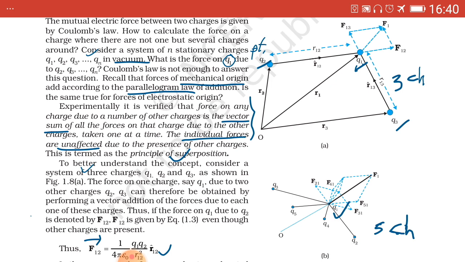Parallelogram law. The same is true for forces of electrostatic origin. Now principle of superposition.